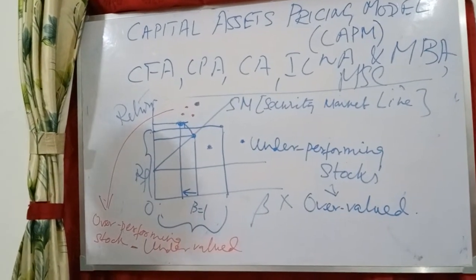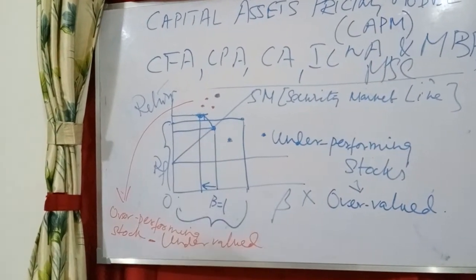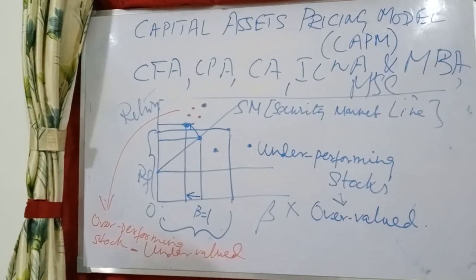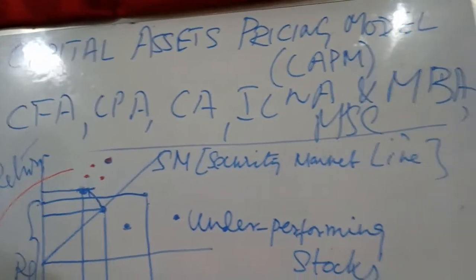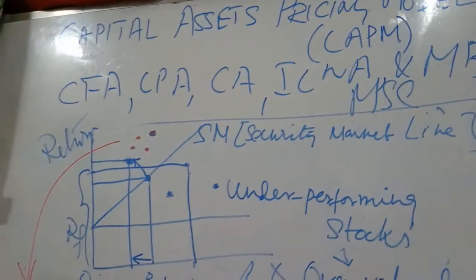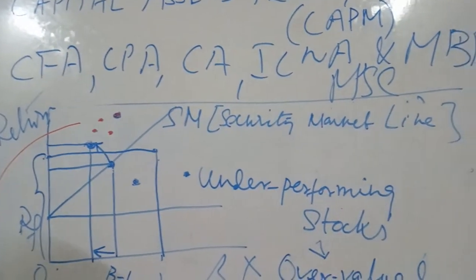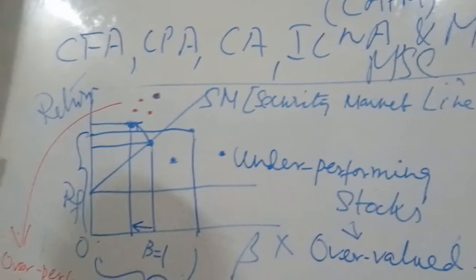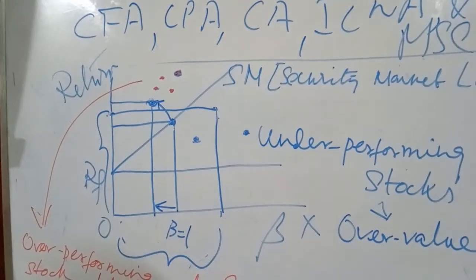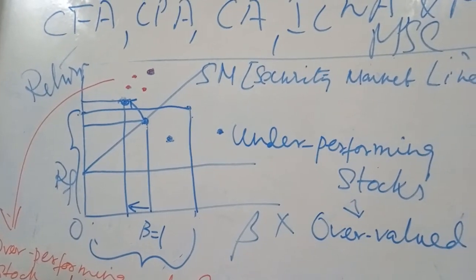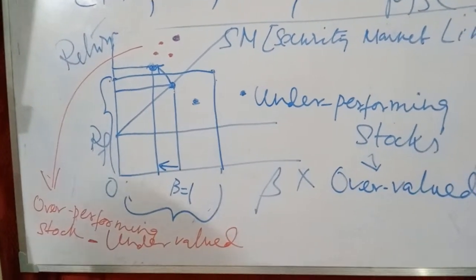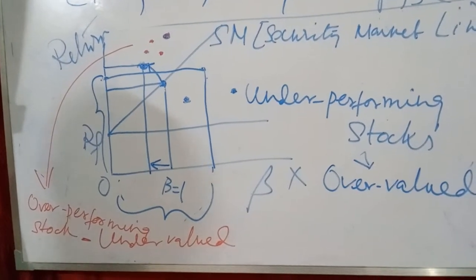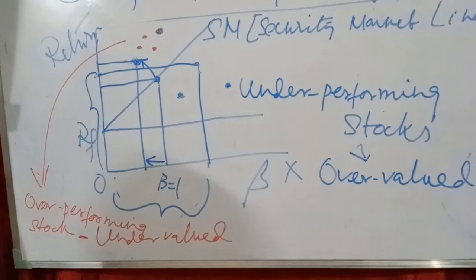Okay, so we have learned the CAPM formula: the expected return is equal to the risk-free return plus beta multiplied by the difference between market return and risk-free return, that is the market premium.